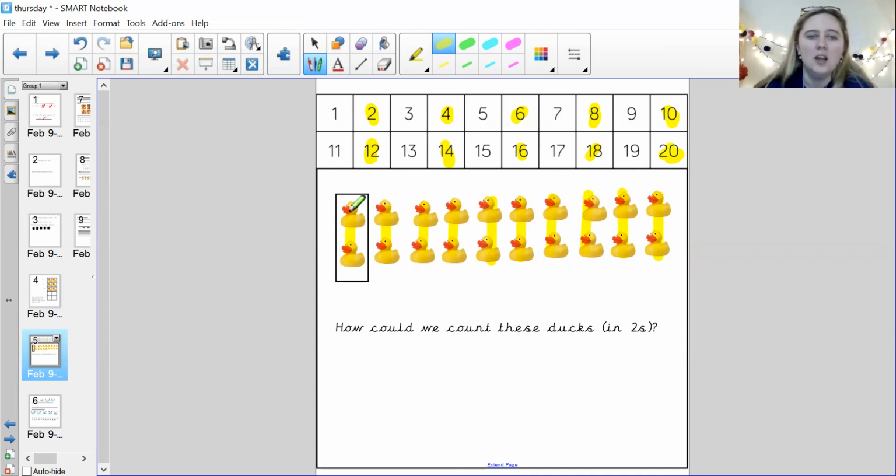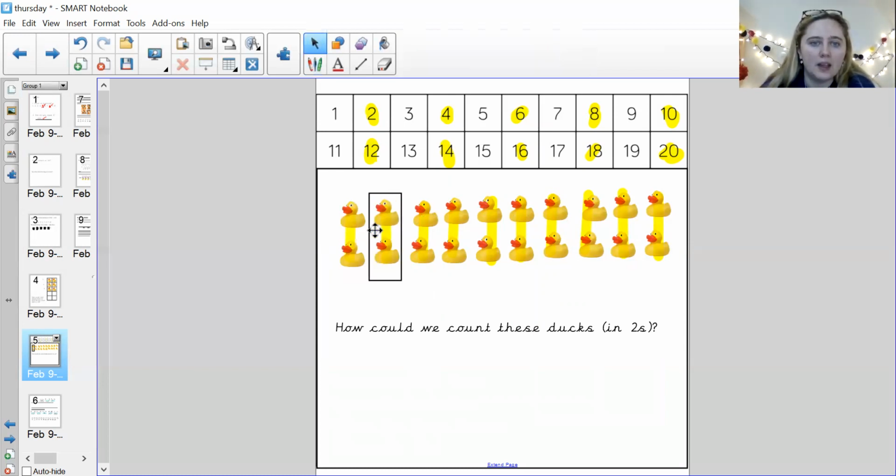That's fantastic. So when we're counting in twos, we have to count 2 objects at a time. That can be tricky, but it's easier if they're in nice lines like this. So we could either box them up like that and count them in twos.